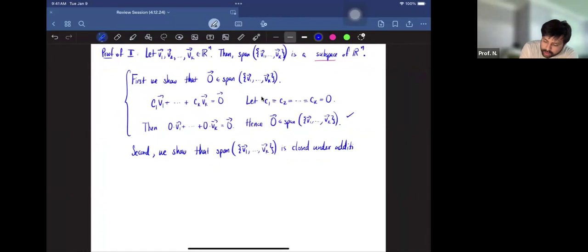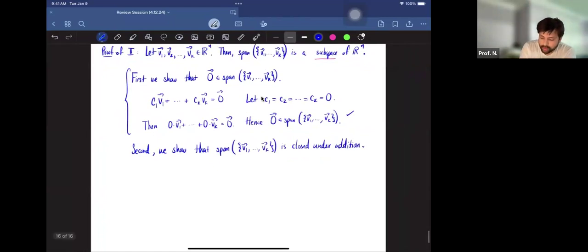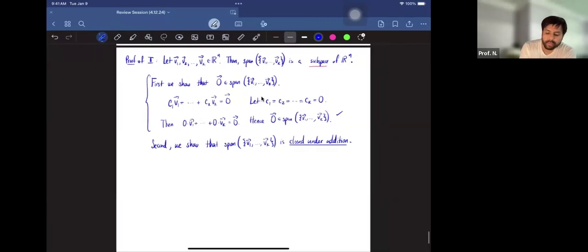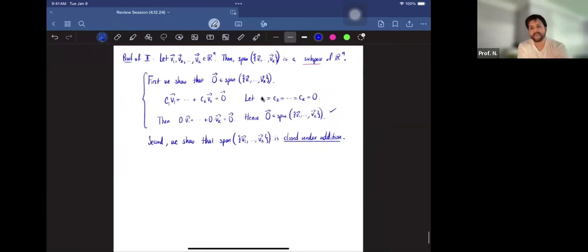What does that phrase closed under addition mean?